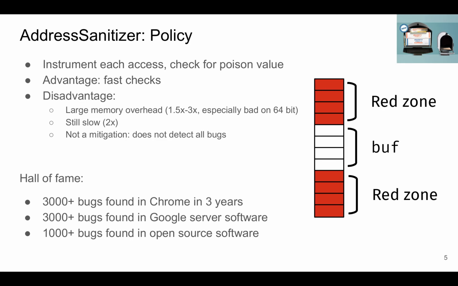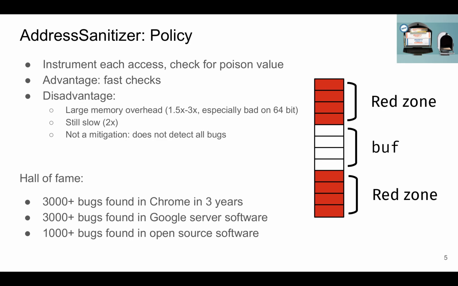Now, in just 3 years, AddressSanitizer found around 7,000 bugs, and it keeps finding bugs again and again. So this is extremely effective as a policy. AddressSanitizer finds memory address bugs. It focuses on buffer overflows on the heap, on the stack, and for globals, and has very limited support for use-after-free that is probabilistic.